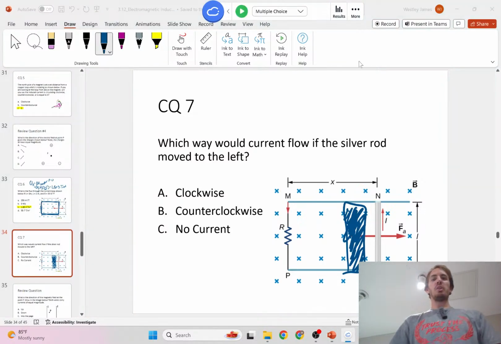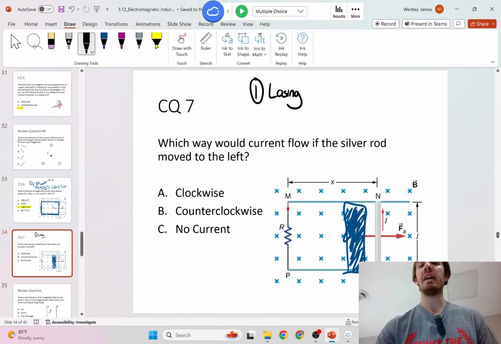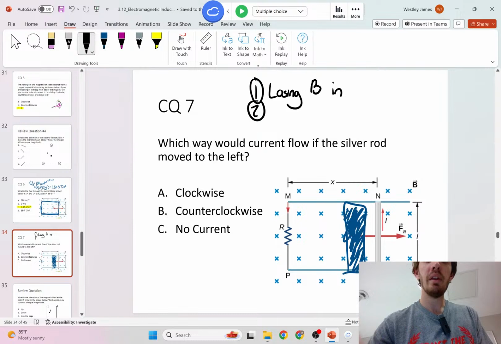All right, y'all. So let's go through our, again, 3-step process. Am I gaining or losing? I am losing magnetic field that is in. It used to be on the right side. I used to have a bunch of X's. I've got fewer X's now. I've lost them. So what do I do? I counteract that change. I'm going to make B that is going in.